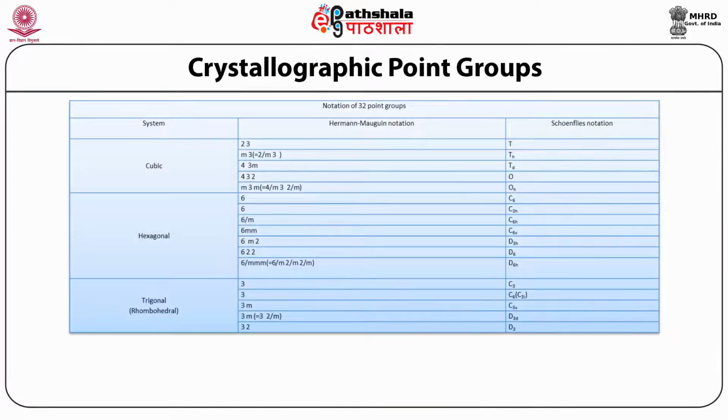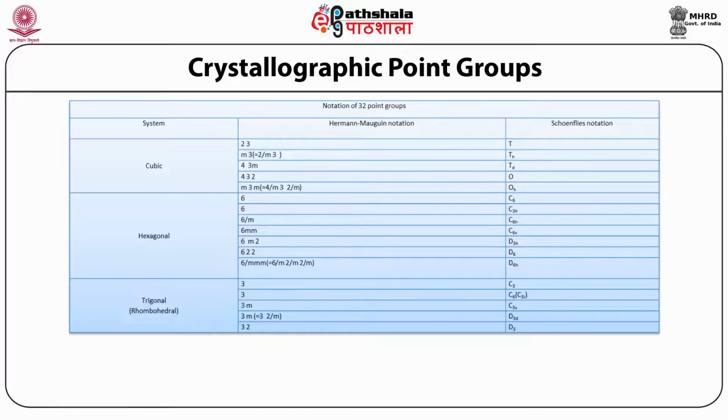Cubic system, its point groups in HM notation are 23. Corresponding Schoenflies notation is capital T. m3 is the next point group, which is equivalent to 2 by m, 3 bar under HM notation. Corresponding to this notation, in Schoenflies notation, it is T subscript h. The third one is 4 bar 3m in HM notation.